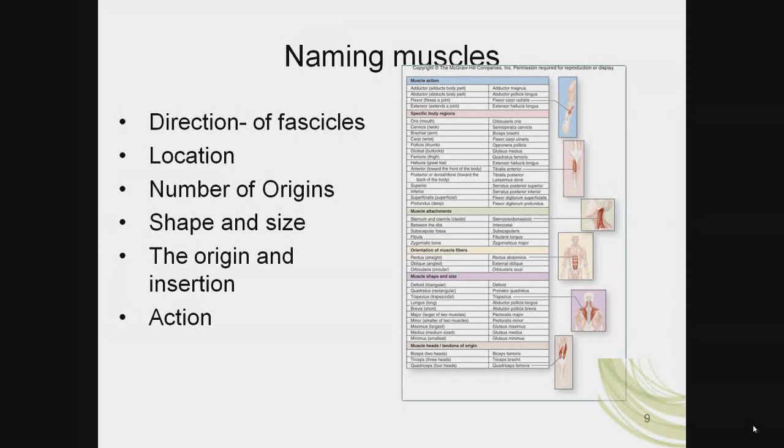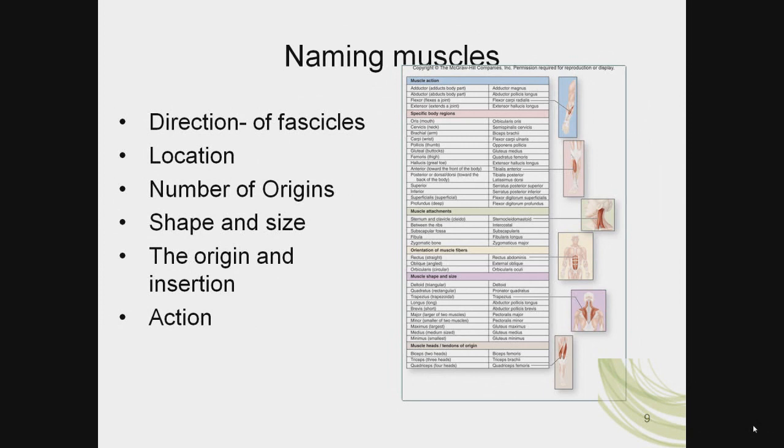Sternocleidomastoid is shown on this screen. Sorry, let me rephrase that. Sterno meaning from the sternum, origin. Cleido, origin from clavicle. That's the part I messed up on. And the insertion is in the mastoid process.